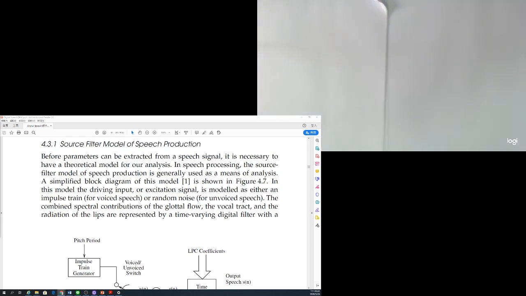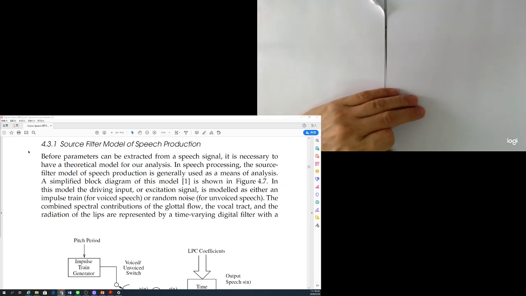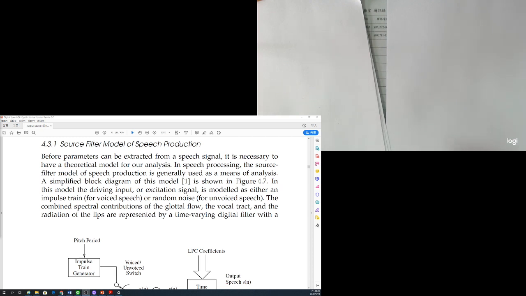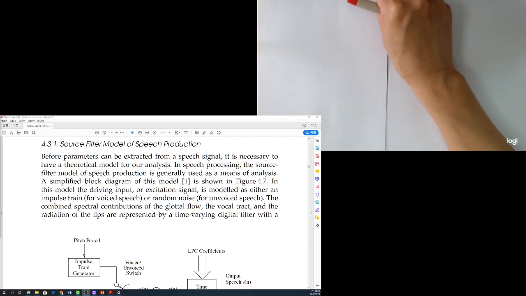Okay, so we start today's lecture. We go back to our textbook. Because homework one took 2 weeks, maybe our final exam will be delayed, since I have to finish the lecture before we have a final exam.